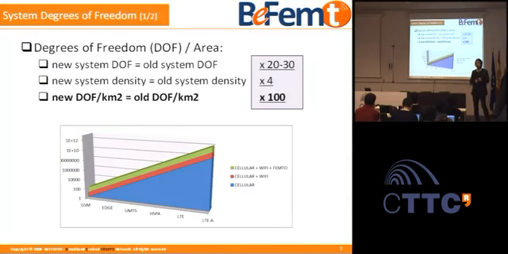Also, every time you introduce a new system, you have a cell coverage which is significantly smaller, and on average, for the previous 1 base station, you have 4 new ones. So you figure out that your degree of freedom per area is increasing every time by a factor of 100. This is 2 orders of magnitude.